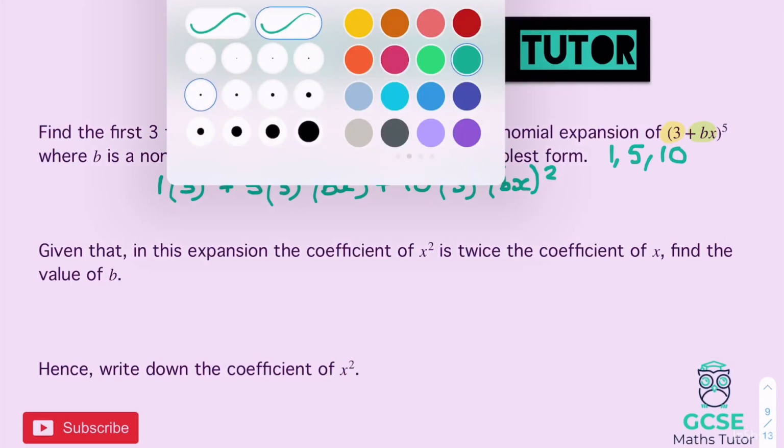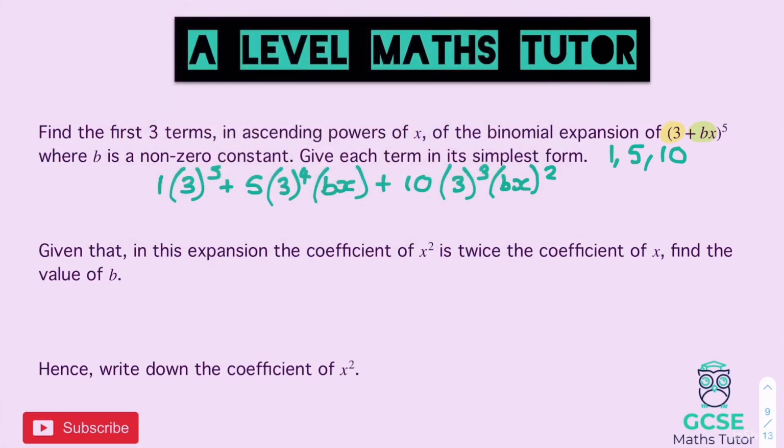Okay, simplifying this down, 3 to the power of 5 is 243, so we get 243 plus 5 times 3 to the power of 4, which is 405, so plus 405bx, plus 10 times 3 cubed, well 3 cubed is 27, so times by 10 is 270, and then squaring bx gives us b squared x squared.